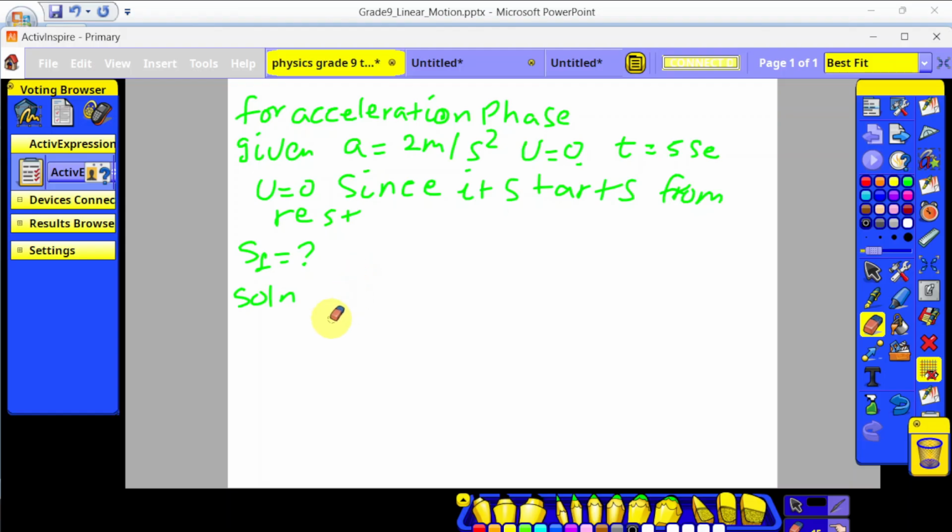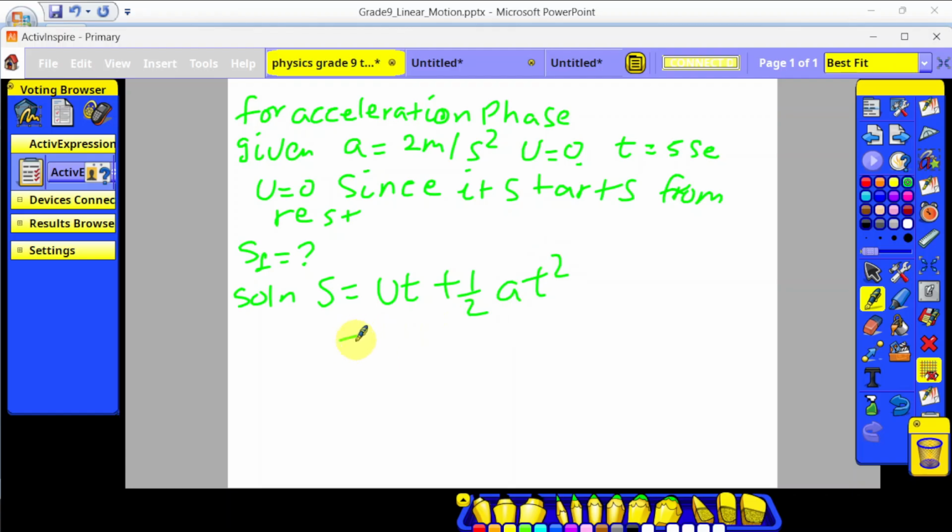Solution. We have a distance formula for acceleration. Use this formula. Distance is equal to ut plus half at squared. What is u?